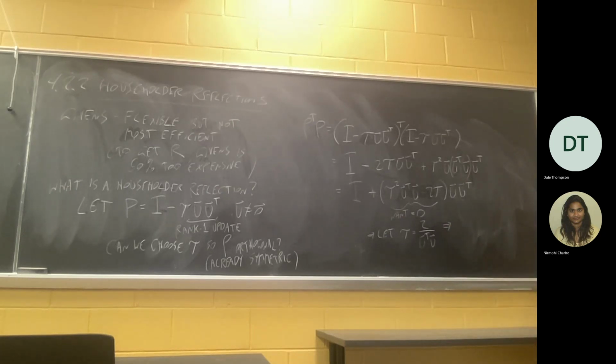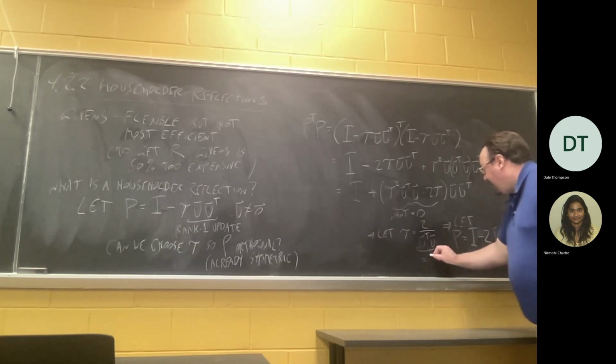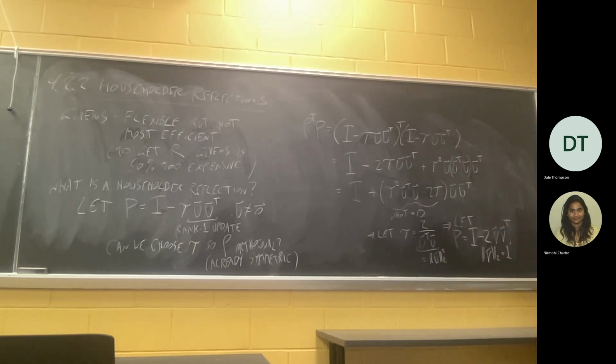So this leads to this description of P: identity minus 2 V V transpose, where V is a unit vector in the 2 norm sense. Because this right here, U transpose U, that's the same as the 2 norm of U squared.